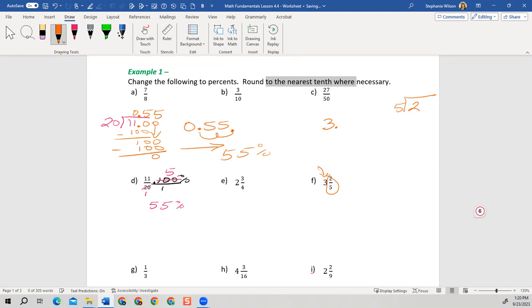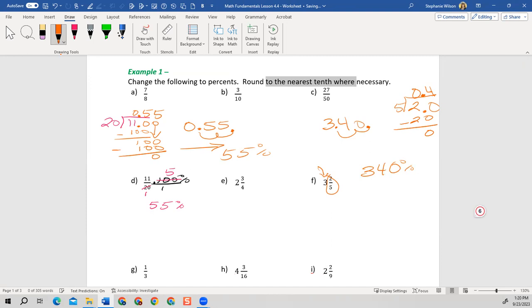We ask ourselves, how many times will 5 go into 2? 0 times. We have to add a decimal. Don't forget to bring it to the top, and let's put a 0 behind it. Now 5 goes into 20 how many times? 4. 4 times 5 is 20. 20 minus 20 is 0. So now I have 3.4. And if I'm putting it in percent, I can move it 2 places to the right, and I get 340%.